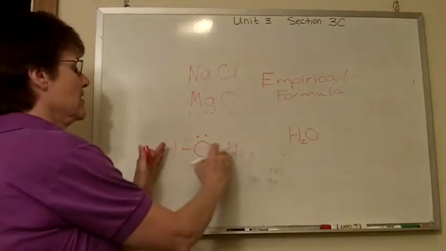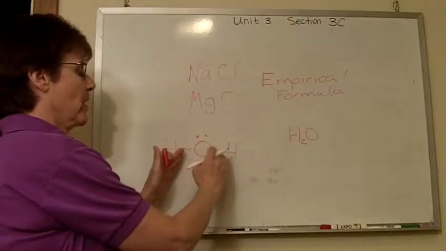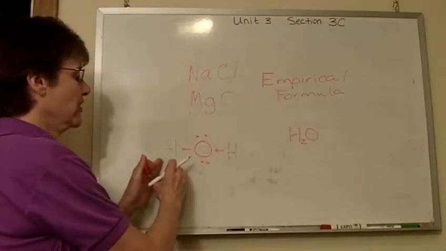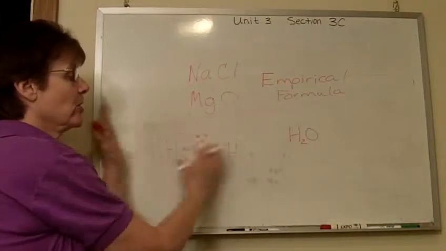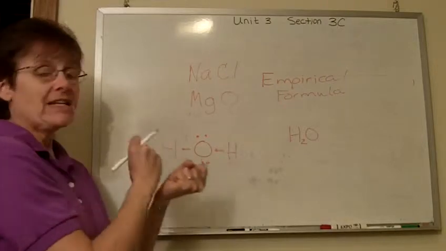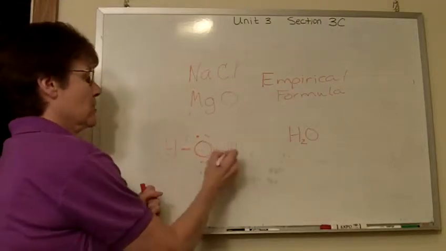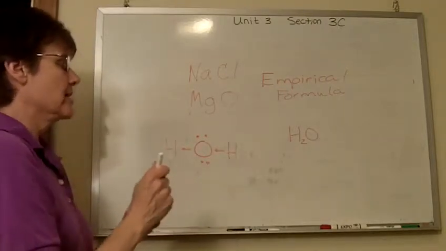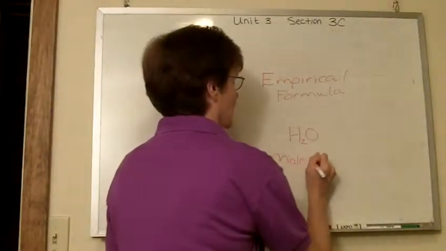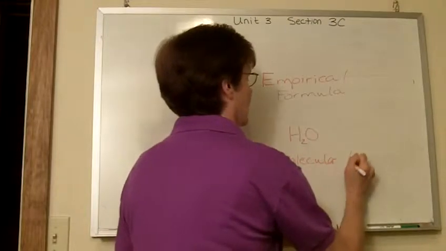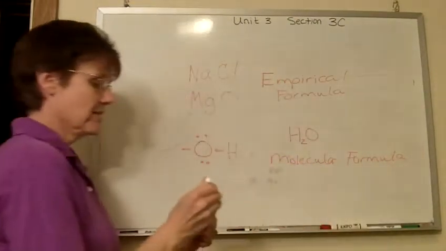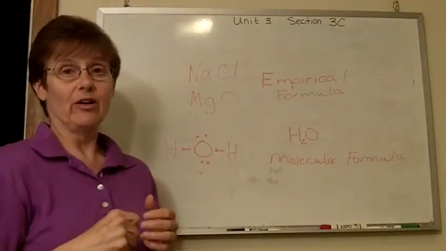Now, these 3 atoms are being held together by these bonds where electrons are being shared. We might have another water molecule here, and another one here, and they're all close together because they're a liquid, but they are not bonded together in the same way that these 3 atoms are bonded together. So we call this a molecular formula, because it actually tells us the exact number of atoms.